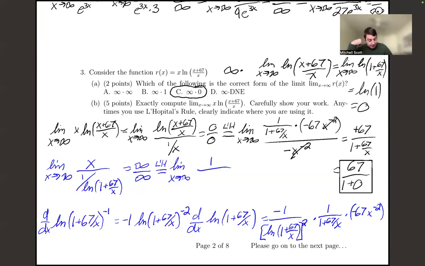So as the limit as x goes to infinity, if we were to rewrite it, we would have 1 + 67/x times [ln(1 + 67/x)] squared, and then the top is now going to be minus 67x to the minus 2. This is still not looking good, because as x gets very, very large, this is now 0.